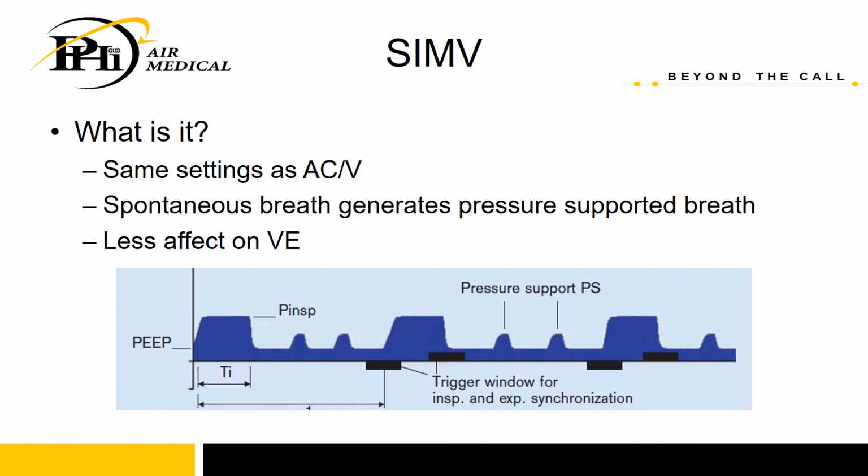But this patient is taking quite a few little breaths, trying to initiate a respiratory cycle between the machine's set respiratory rate. On SIMV, instead of giving an additional full breath, we can see five breaths to this patient, we are simply giving 5 little pressure supported breaths.